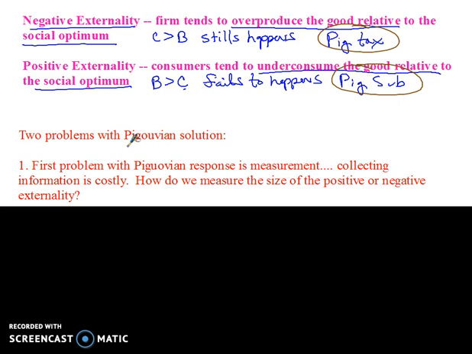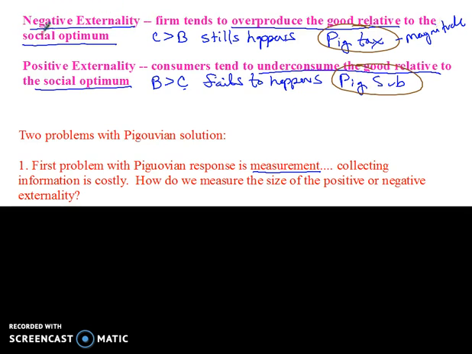The first problem is measurement. That is to say, how big does the Pigouvian tax have to be? What is the magnitude of the tax? In order to know how much the tax needs to be, we need to know how big the negative externality was.